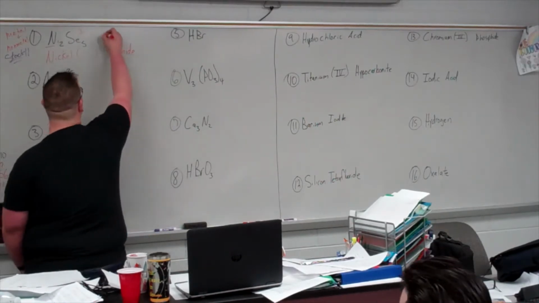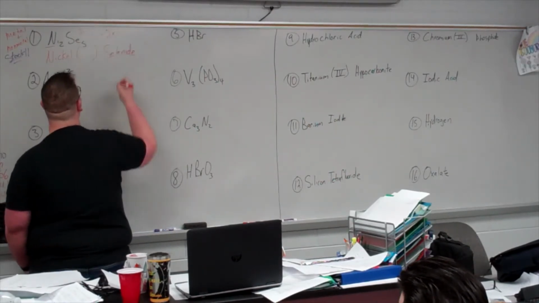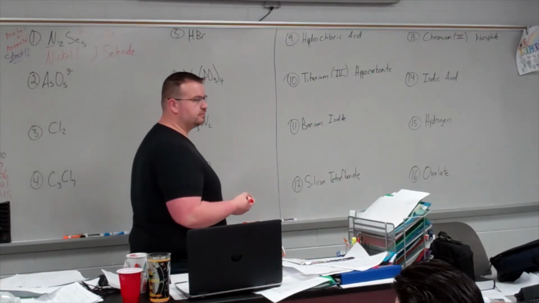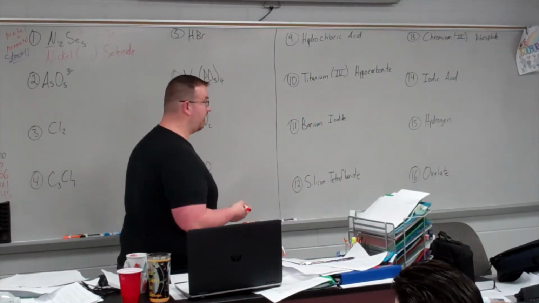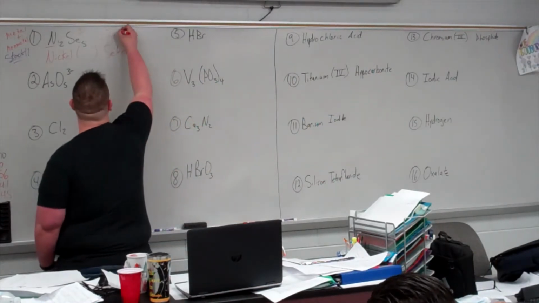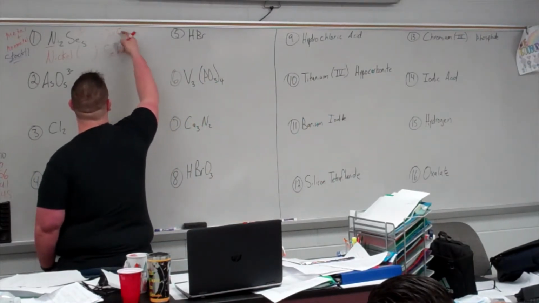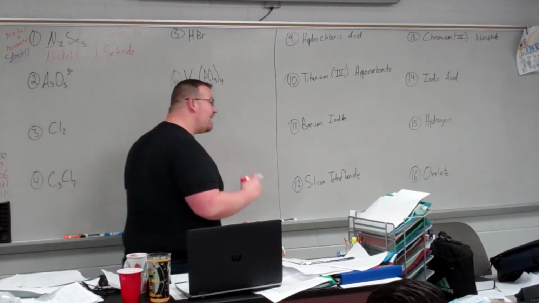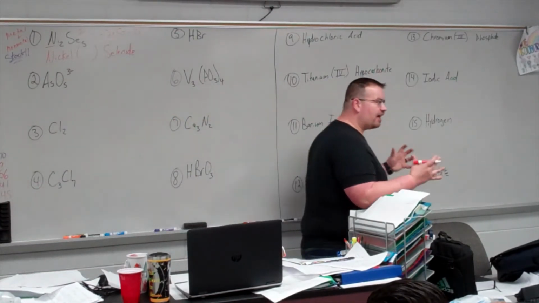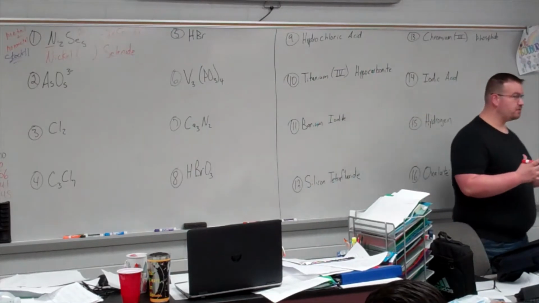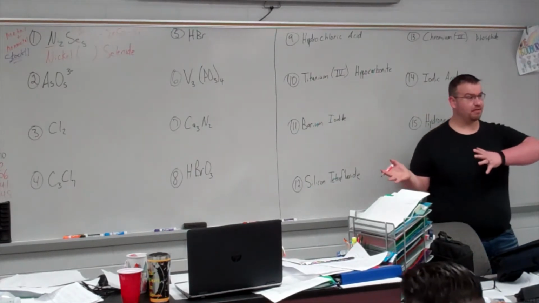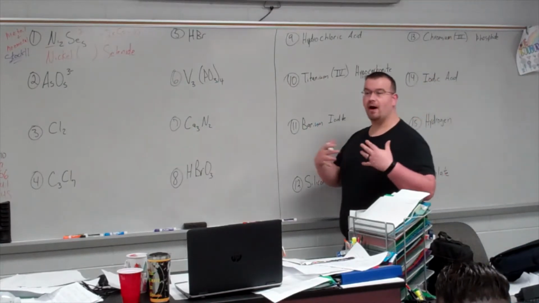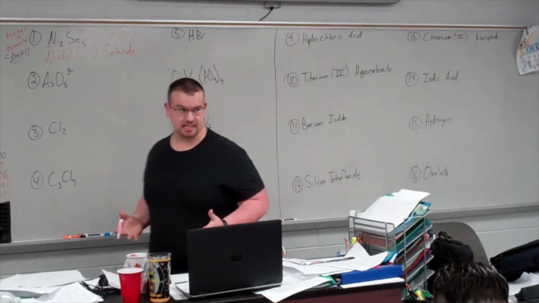So this is what I do. I take -2, multiply by how many of those I have, 5. So -2 times 5 equals -10. That -10 is my overall negative charge, which means the positive has to be equal to the same number. So the overall positive charge has to be +10.